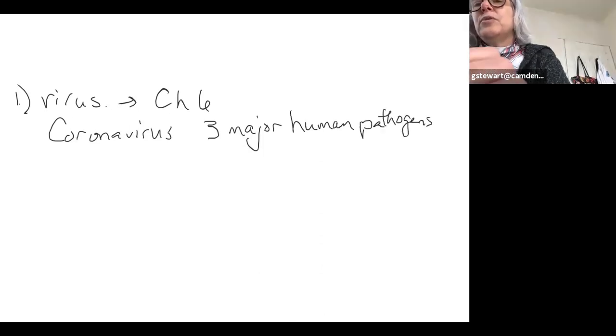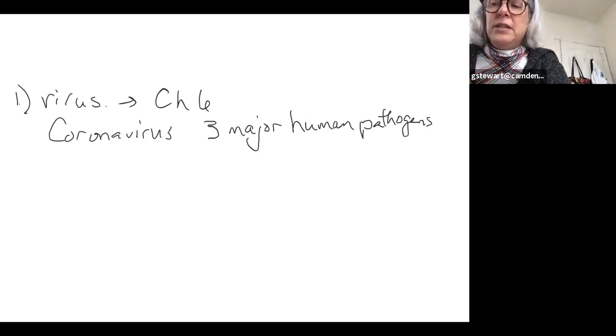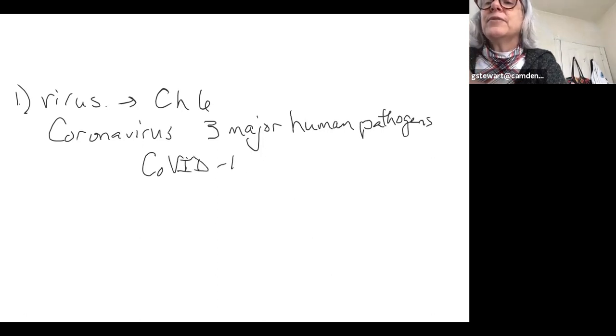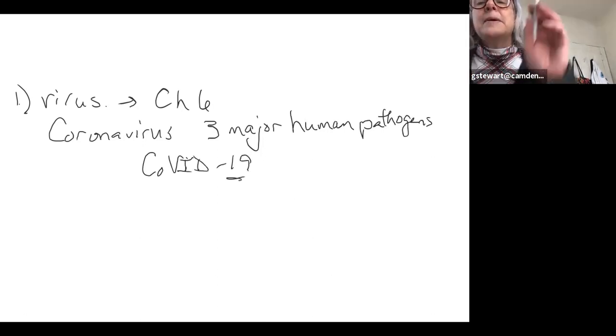So there's the original SARS, there's what they call MERS, because it was a Middle East version of coronavirus, and then what we're dealing with now, coronavirus infectious disease 19, right, for the year, for 2019.